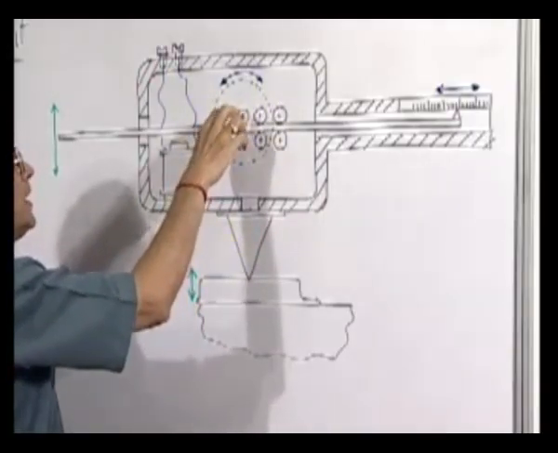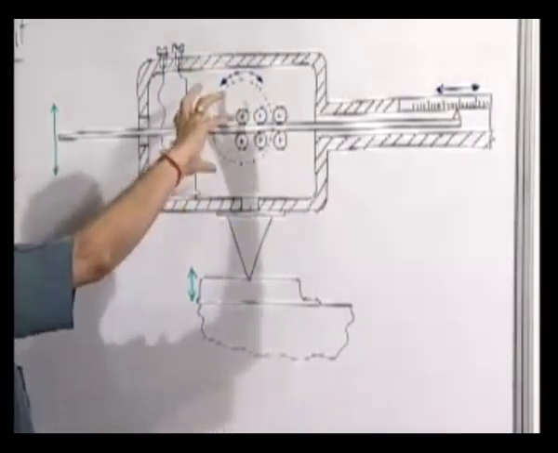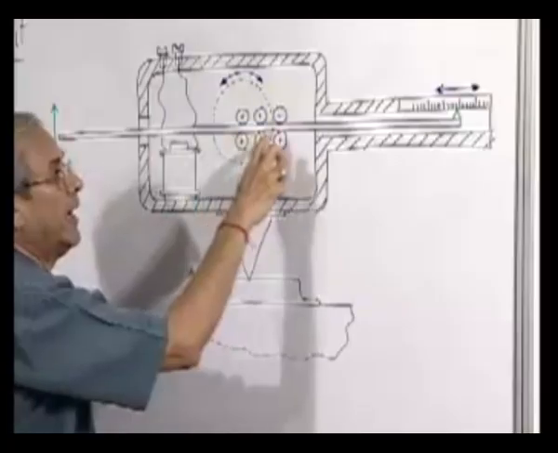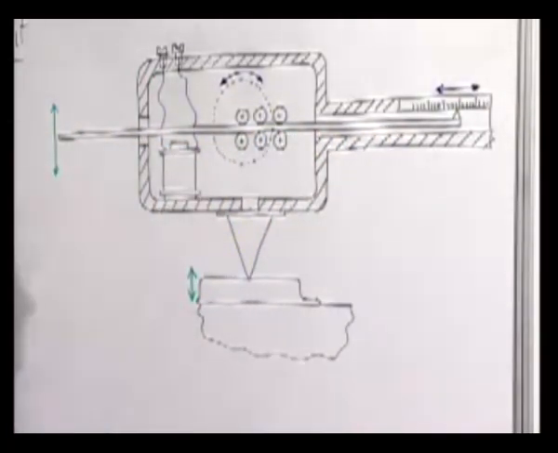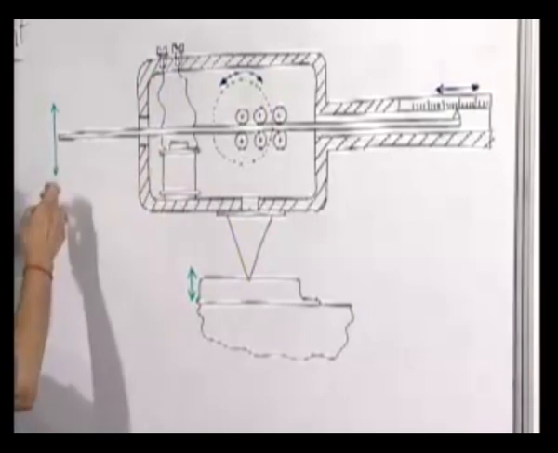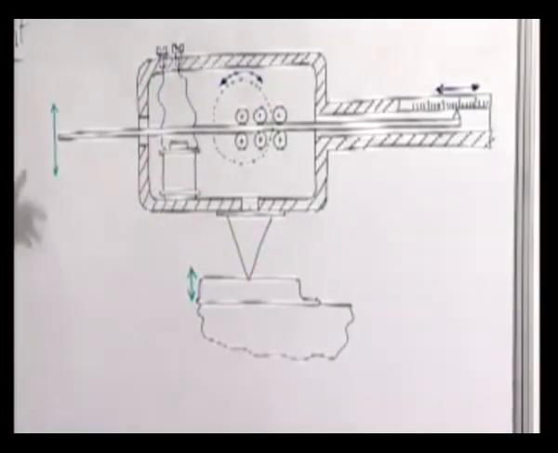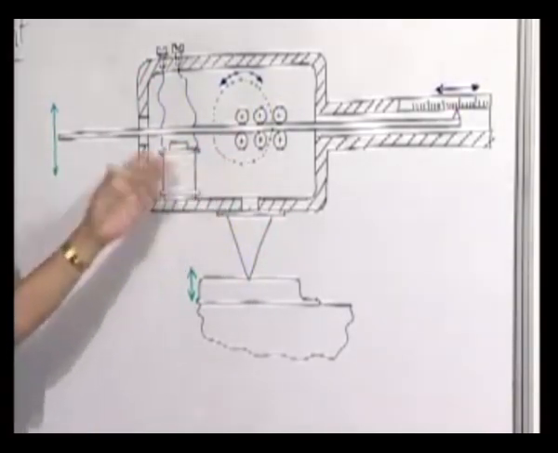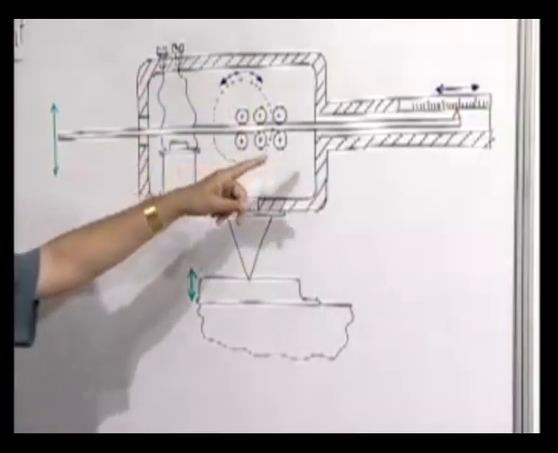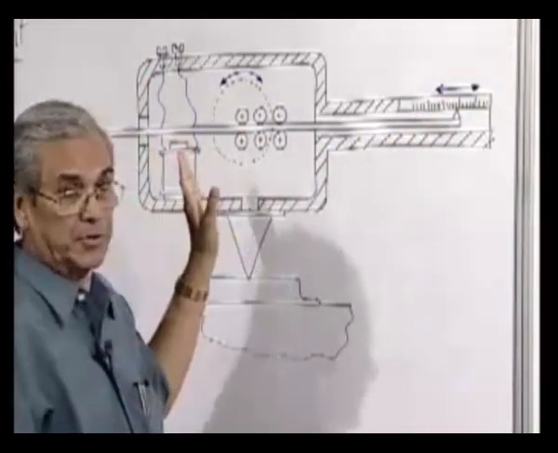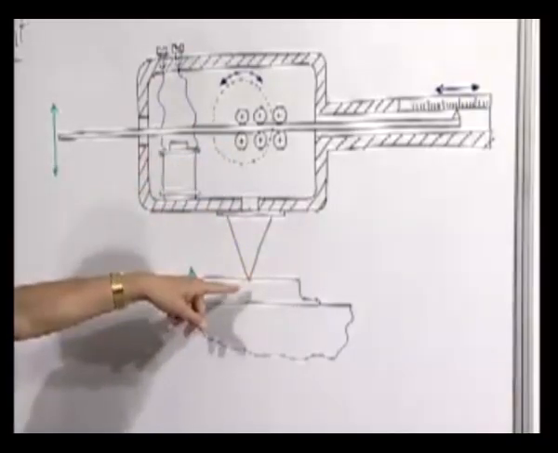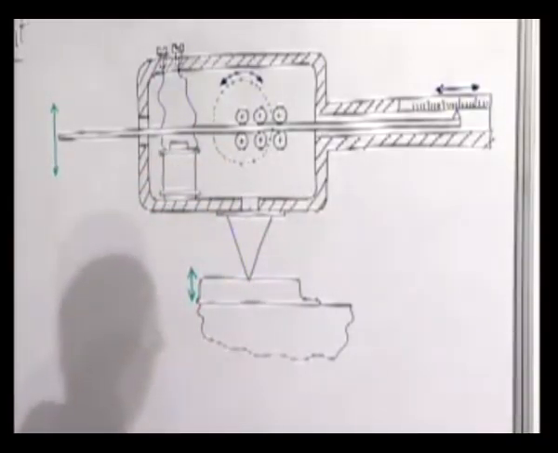Now one of these is connected to a knob outside, which can be rotated by hand, and this can be made to slide in this direction. Thus, the length of the overhang portion of this cantilever beam can be adjusted by this, and the reading can be taken here, giving the corresponding natural frequency when you touch it to the vibrating machine body, so it will vibrate.